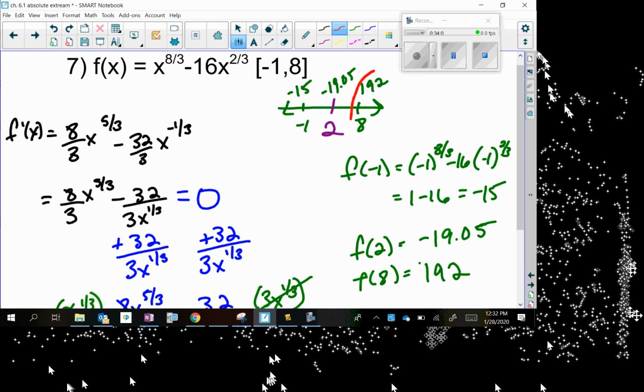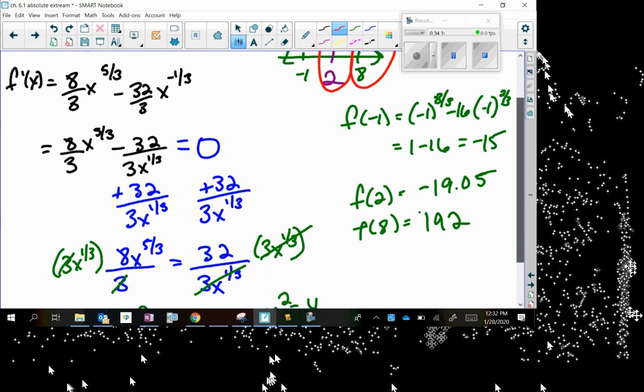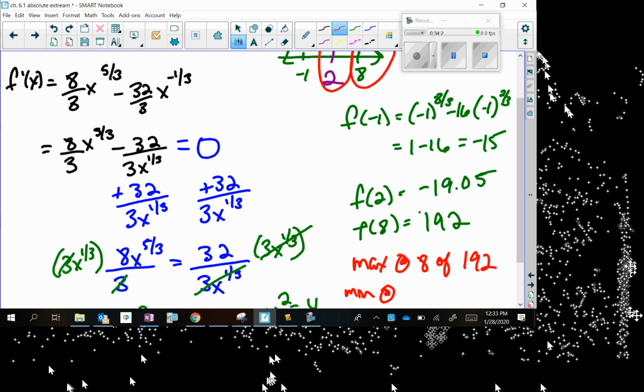At 8 of 192. Our absolute min is at 2 of -19.05.